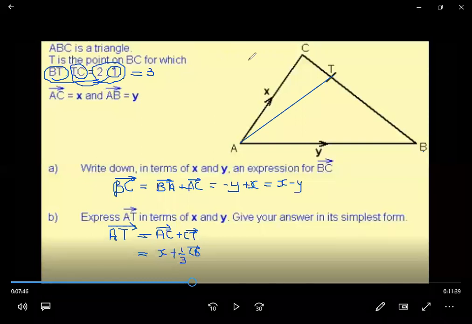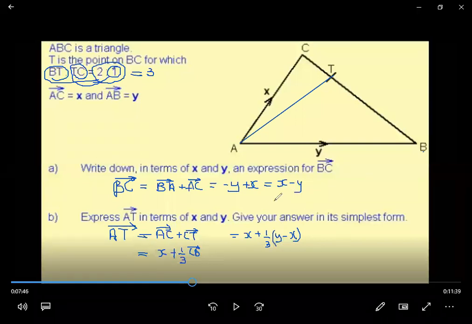So what is CB equal to? CB is from this plus that, so it's y minus x. So AT equals x plus 1/3 of y minus x.